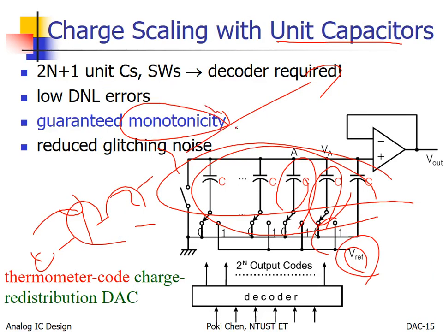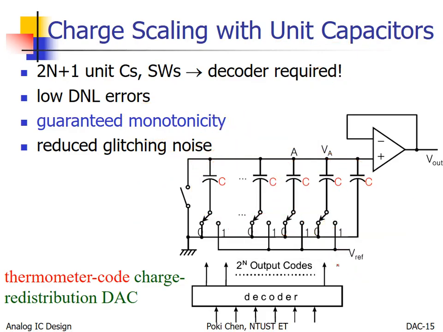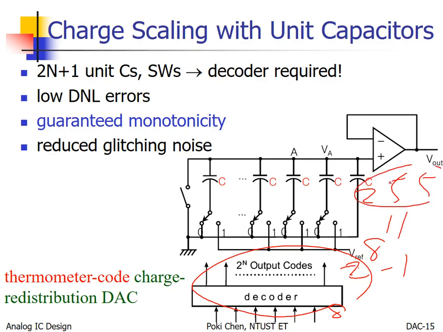Yeah, but what is the price you need to pay? It means you need to have such kind of address decoder. For example, with 8-bit as your input, you need to have 2^8 minus 1, so totally you have 255 outputs to control all those capacitors.